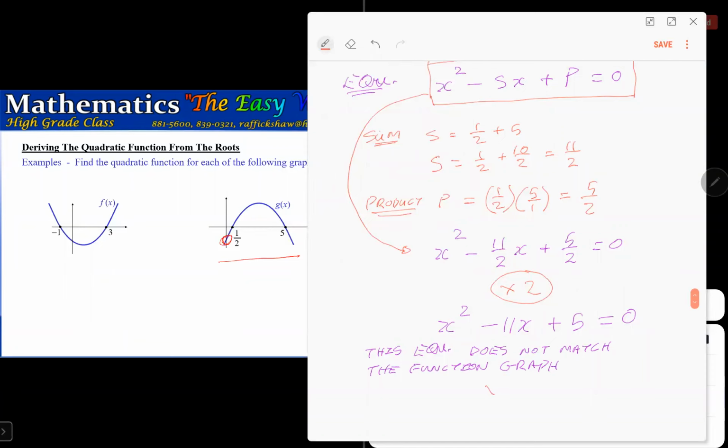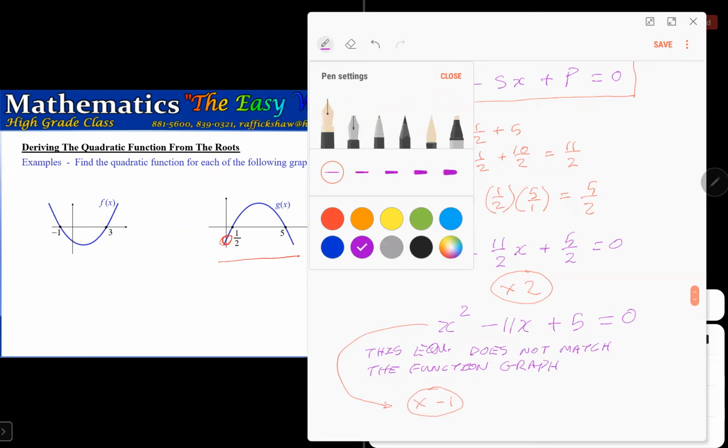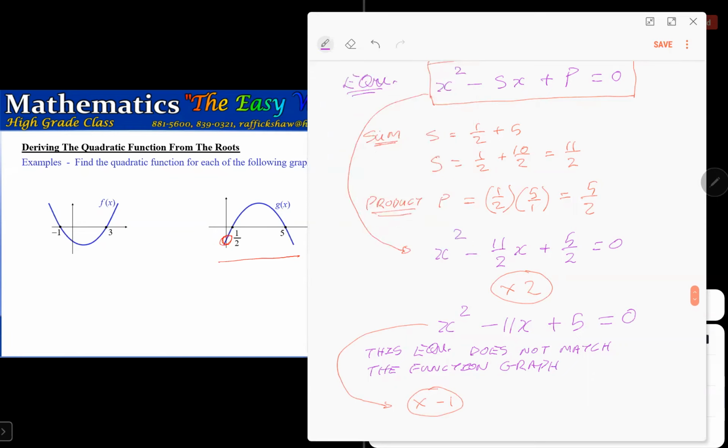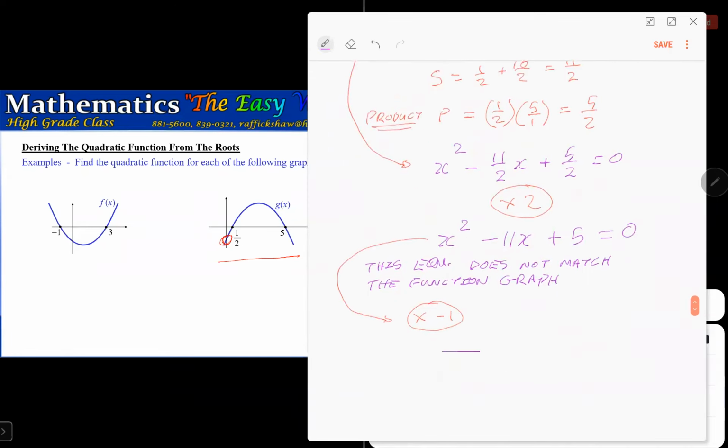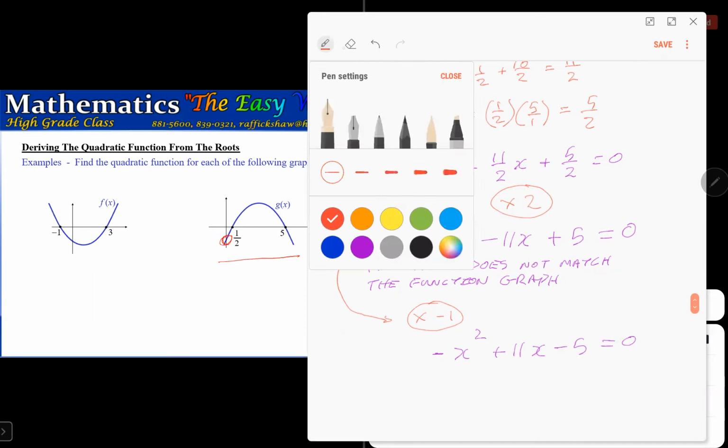So let me write it like this. To get it to match, we multiply this equation by a -1, so we can get a frown graph. And when we do that, we get the same thing as we did before: minus x squared plus 11x minus 5 equals 0, where we know this now is a match.